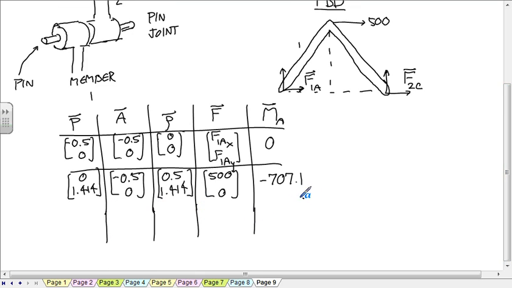And now where this F2C is applied, that's at positive 0.5, 0. Our about point is negative 0.5, 0.